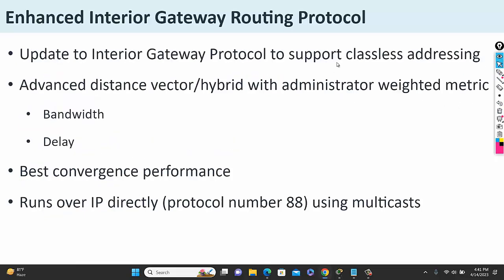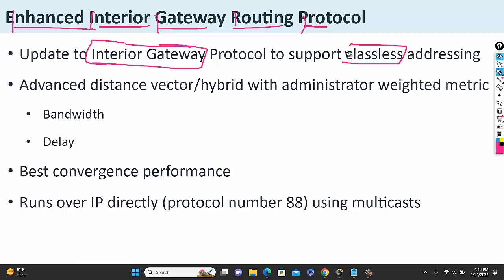Okay. So there is another protocol called Enhanced Interior Gateway Routing Protocol, in short form EIGRP. As I have told you already, it is an interior gateway protocol and supports classless addressing, meaning it supports subnetting and supernetting.